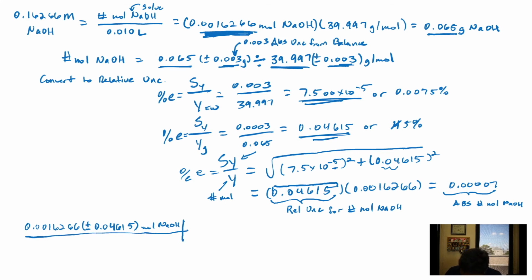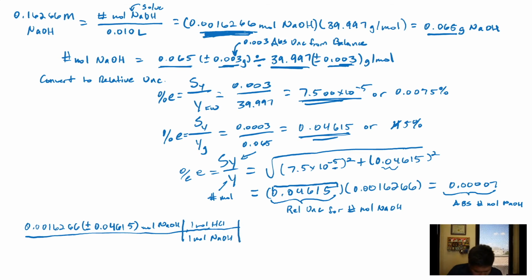Okay. For every 1 mole of NaOH, you have 1 mole of hydrochloric acid, right? So remember that whenever you have equivalencies, like 1 mole per 1 mole, there's no uncertainty there, because those are exact numbers.